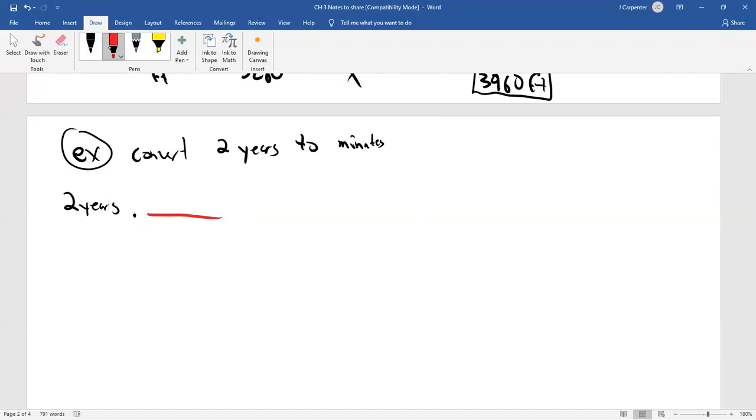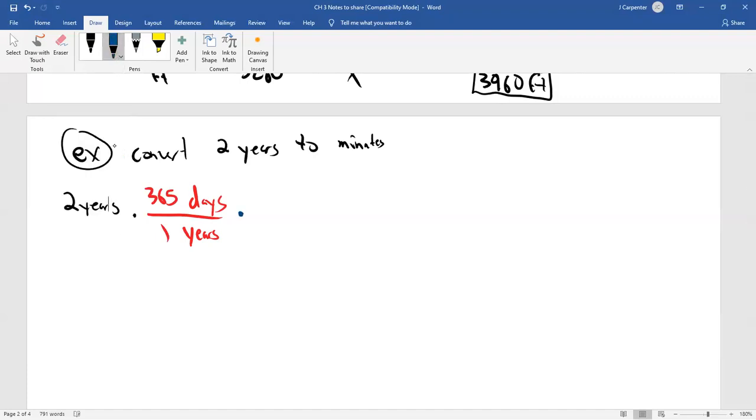It's 30 and some change on average, but it's not exactly 30. So we can't use months. We've got to go from years to days, and we know there's 365 days a year. That happens enough that we can just say that's a fact. Out with the old, which means years go in the bottom, in with the new, days go in the top. 1 year is 365 days.